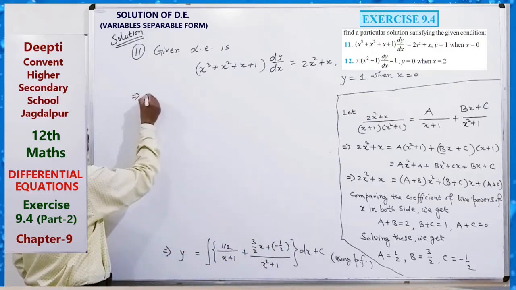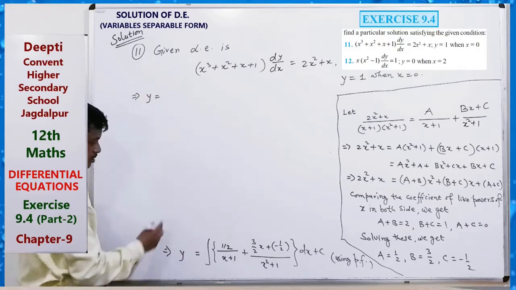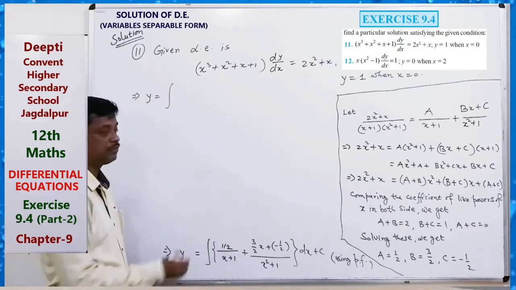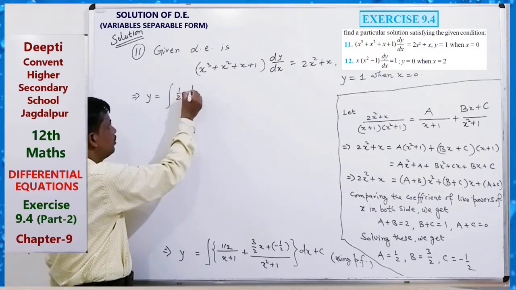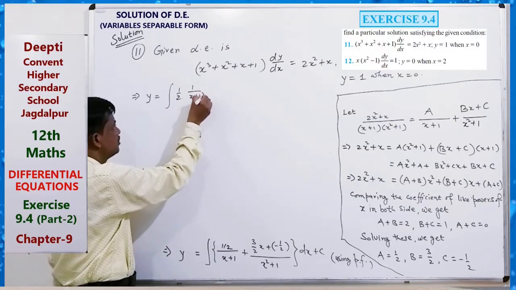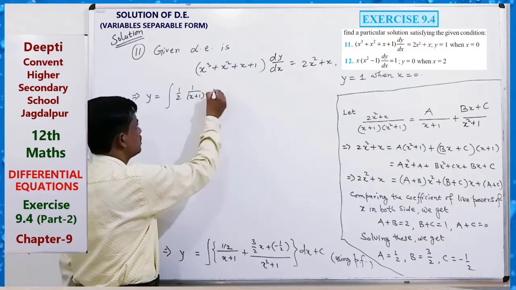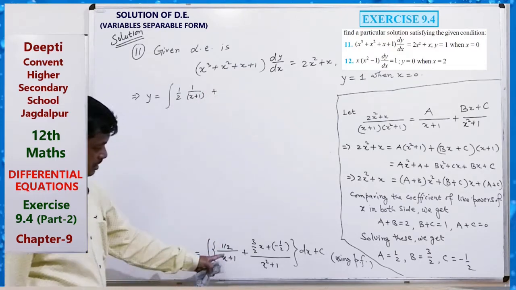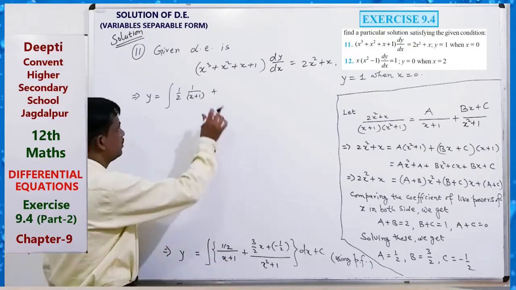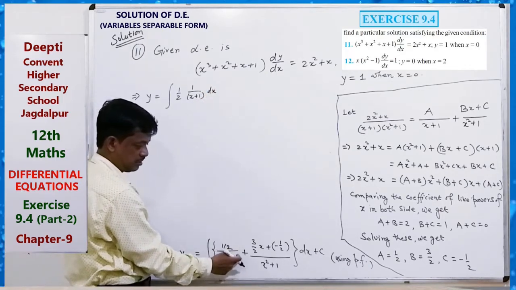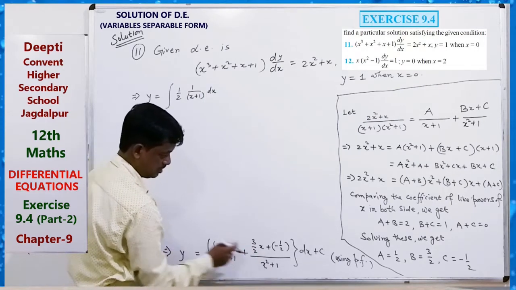Integral half 1 upon x plus 1, plus here, first integral this, 3 by 2 x upon this.